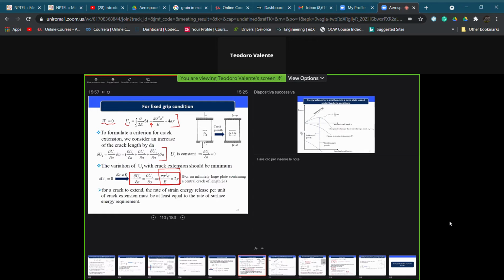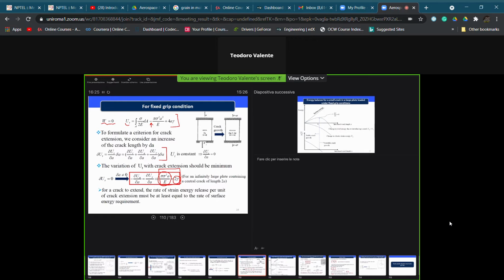And this final simple formula tells us that if we consider the first term, which is related to the strain energy released, and this second term with gamma, which is related to the energy requested in order to form new crack surfaces, we are at the equilibrium point when the two terms are equal.